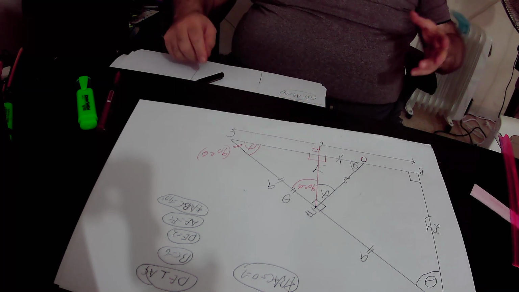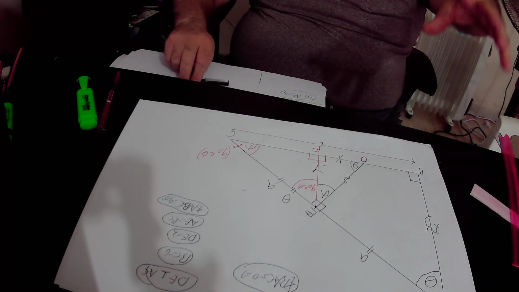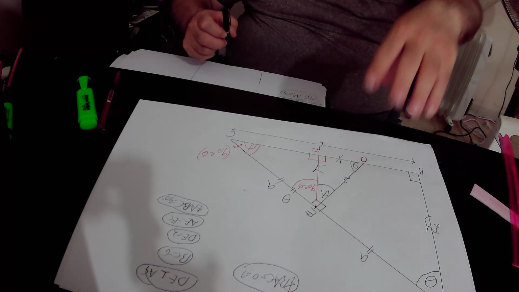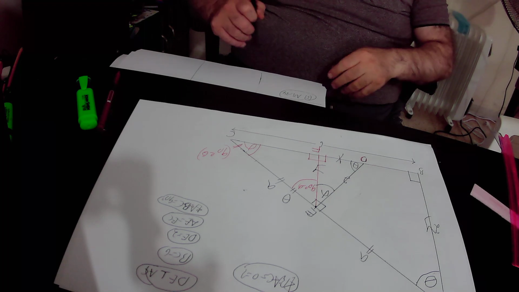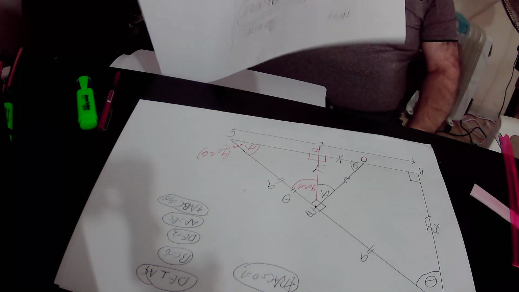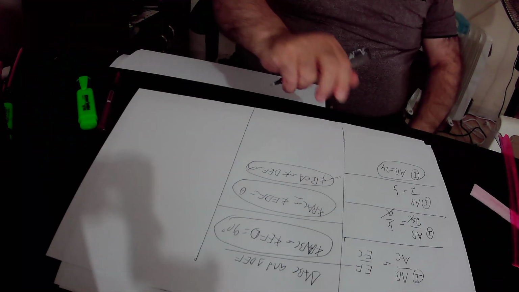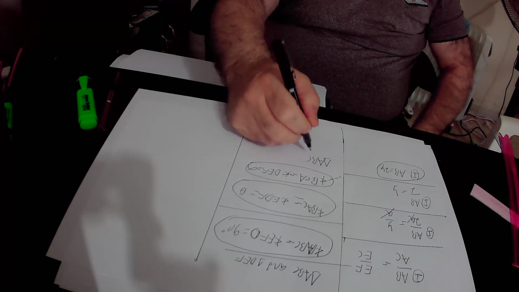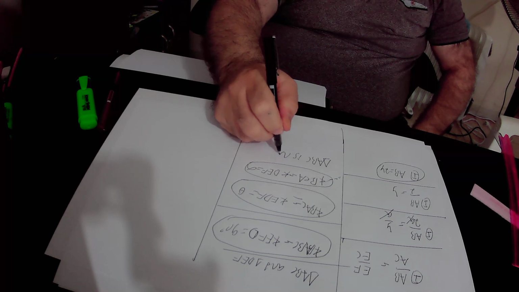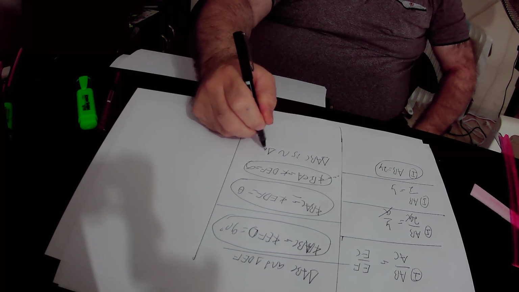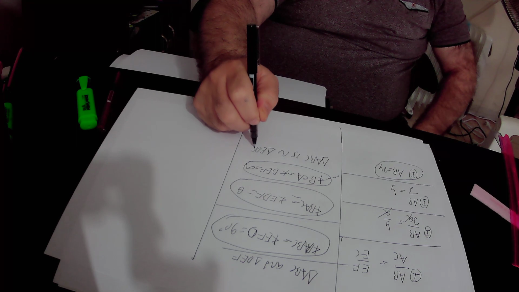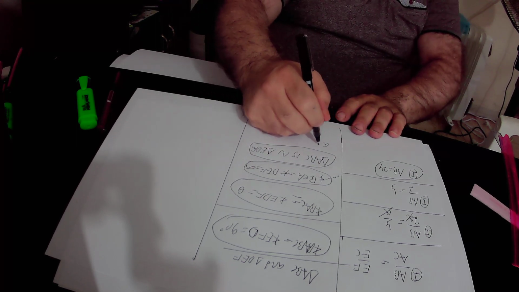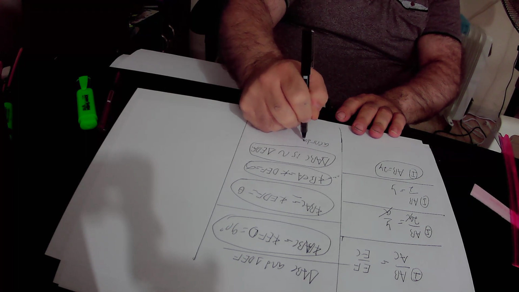Therefore, we can derive from it that the right triangle ABC is similar to the right triangle EDF according to the angle similarity rule. So I write it down. We'll conclude that the right triangle ABC is similar to the right triangle EDF, and they are similar to each other according to the angle similarity rule.